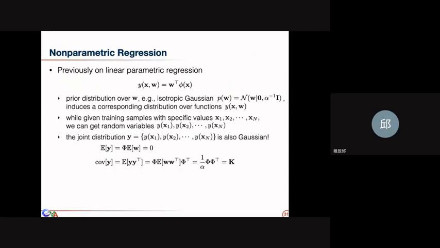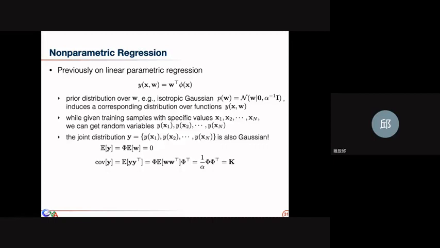So once you give a prior distribution of your parameters, the resultant y is also a distribution. But y itself is a function. So now you have a distribution over functions. I know it might be a little bit hard to understand now, but later on when I give you more explanations, maybe it's easier to understand.